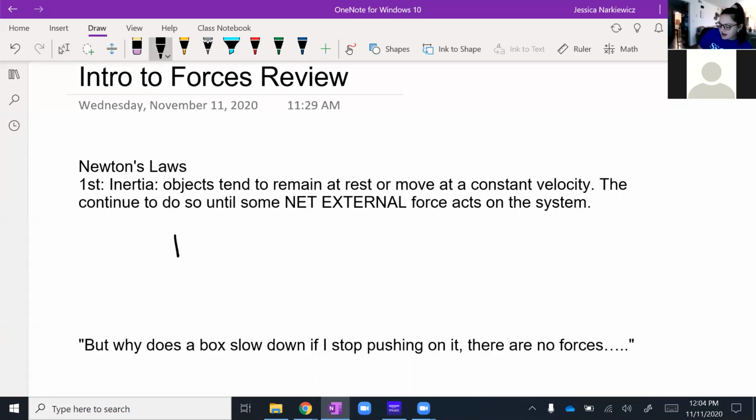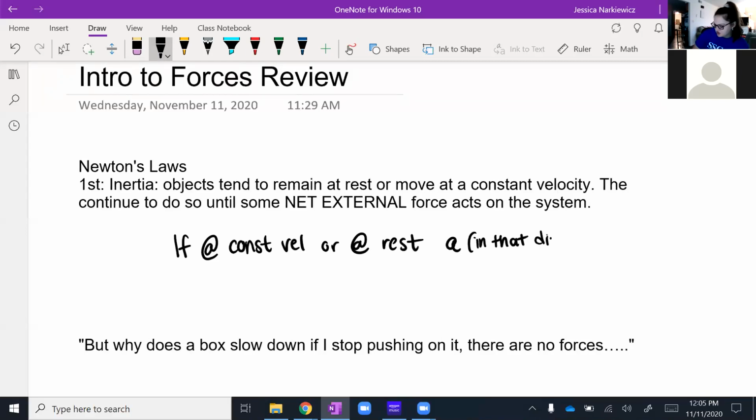So keep in mind that whether we're at a constant velocity or whether we're at rest, our acceleration, and I'm going to specifically say our acceleration in that direction, since we separate our directions into X and Y. So if we're at a constant velocity or at rest, our acceleration in that direction is going to be 0, which remember means that we have a net force of 0. Okay? That's pretty much what this first law is saying.